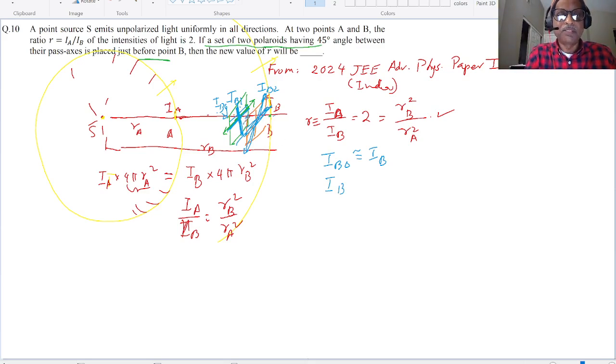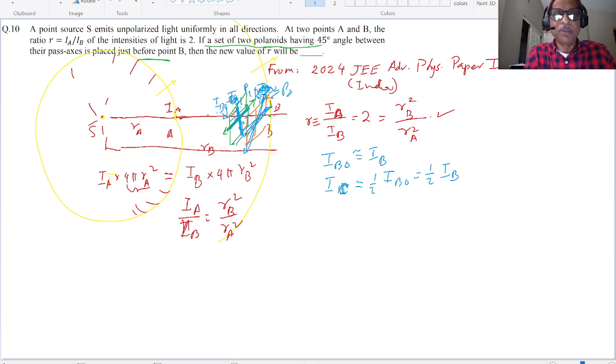At this point, let's call this point C. Let's go into polarizer 1 and polarizer 2, and call those names instead of I's. I see that right in the middle between these two polarizers the intensity is half of IB0, which is half of IB.